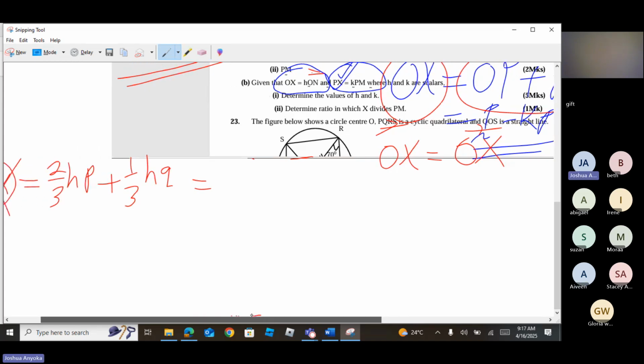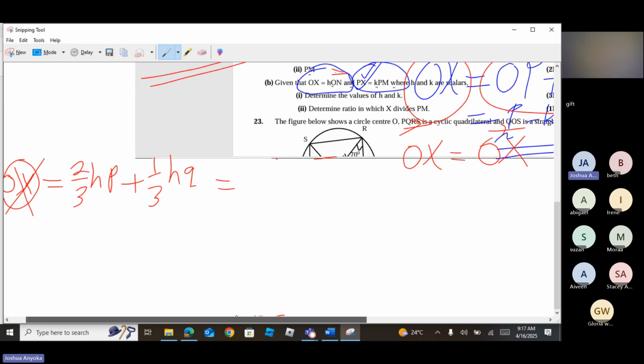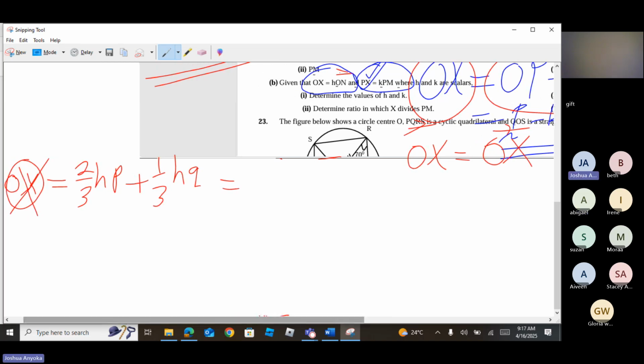The second OX in terms of K. We have gone from Abigail, from Ivan. The second way of writing OX in terms of K. Read for me.